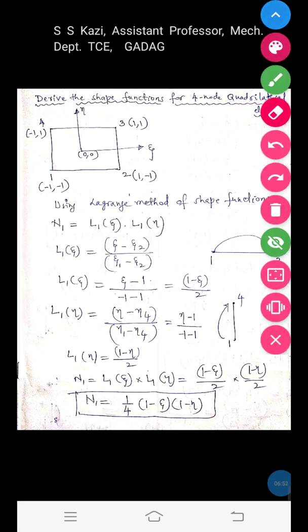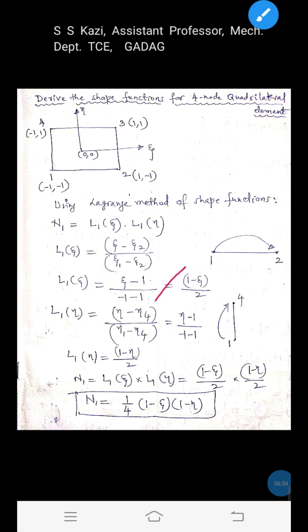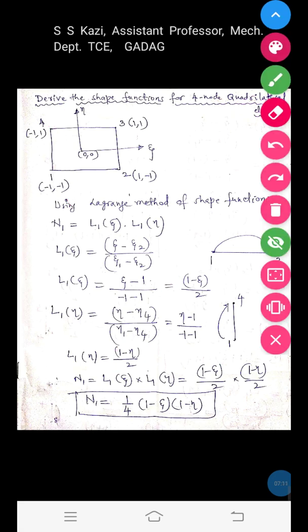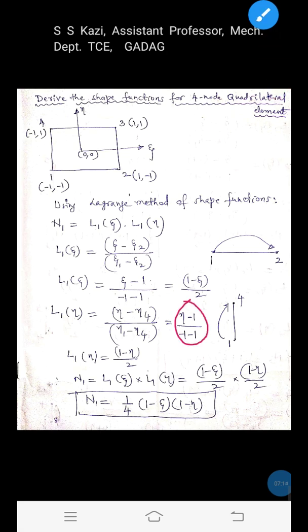Okay, once you write this formula, now we will substitute the natural coordinate values: neta value at node 4 is plus 1, and neta value at node 1 is minus 1, I will substitute. Once you substitute, by calculating this ratio, we will get (1 minus neta) divided by 2, because (neta minus 1) divided by minus 2 will give you (1 minus neta) divided by 2.